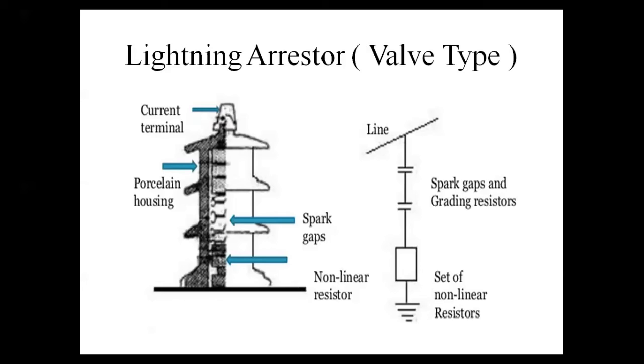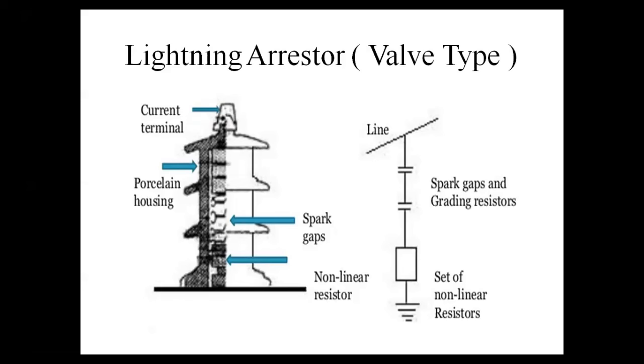So we are using a series of spark gaps. Each gap has two electrodes with a fixed spacing between them, and the voltage distribution is done by an additional resistance called a grading resistor. The grading resistor helps to distribute voltage across all the gaps.